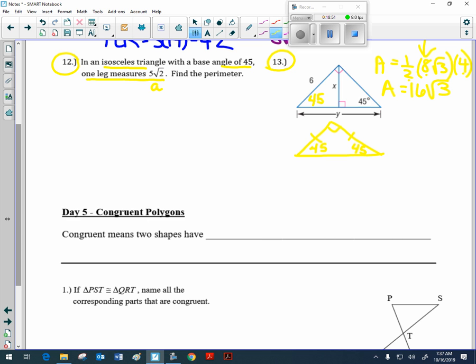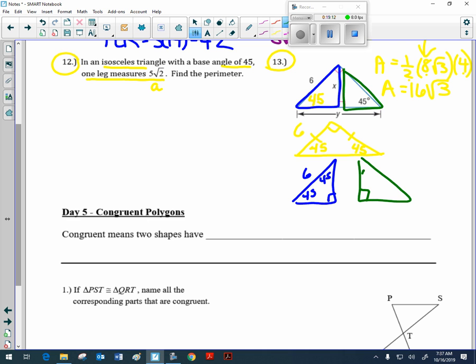So the whole entire triangle with a side of 6 is a 45, 45, 90. In addition, the triangle that's here is a 45, 45, 90 with a 6 here. And then this one over here is also a 45, 45, 90.